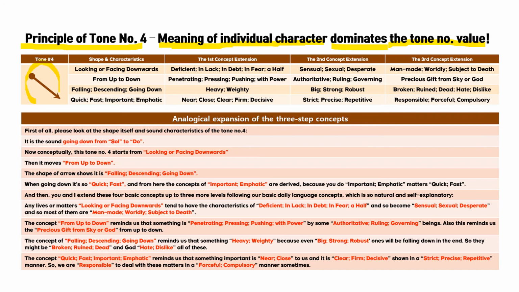From this shape of tone number 4, we have derived these four major fundamental basic concepts: looking or facing downward, from up to down, it's falling, descending, and going down, quickly and fast. Maybe when you are moving quick and fast, that matter you are facing might be important and emphatic.